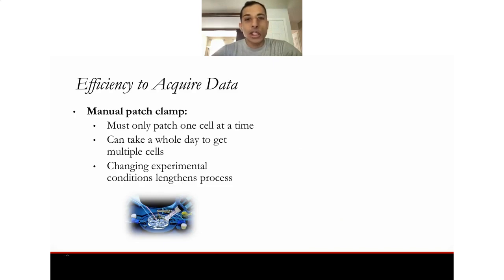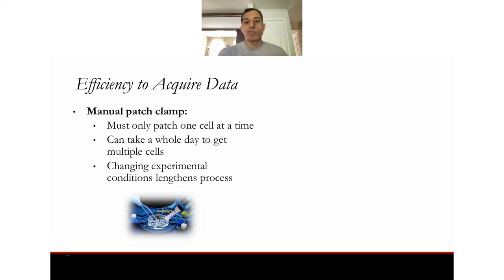With acquiring data, one of the things is the efficiency to acquire the data. With manual patch clamp, you're typically only patching one cell at a time, and it can take a whole day to get multiple cells. It's very common in my previous lab for people to say, "Oh, today was a good day. I got 4 or 5 cells." And if you need to change your experimental conditions while recording, that's also a whole process because it requires changing the solutions you're using.